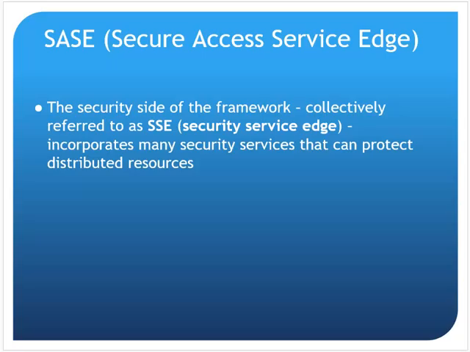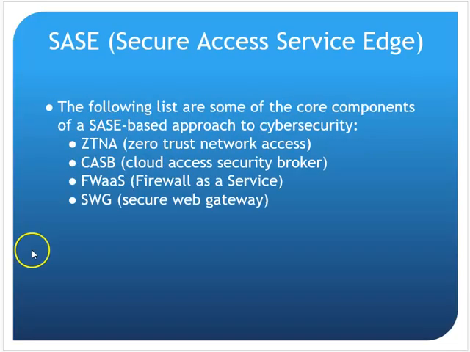The security side of the framework, collectively referred to as your security service edge, creates many security services that protect your distributed resources. The following are some of the core components: your zero trust network access, your cloud access security broker, firewall as a service, and secure web gateway. These are all part of it now.